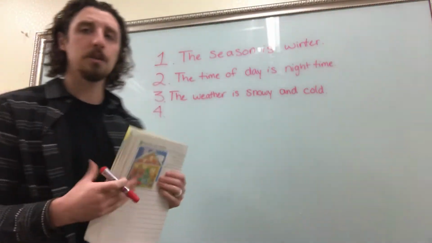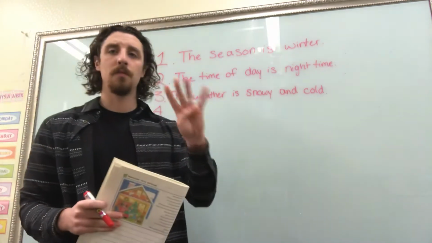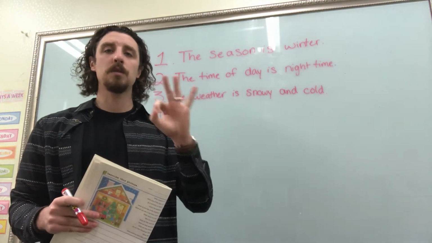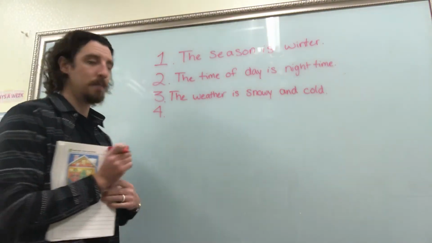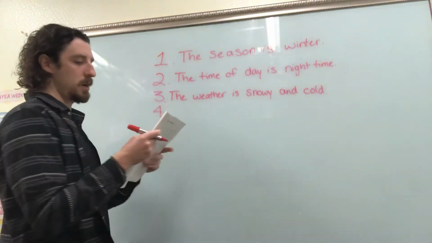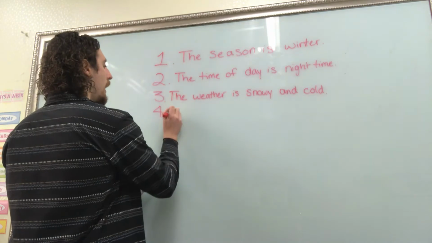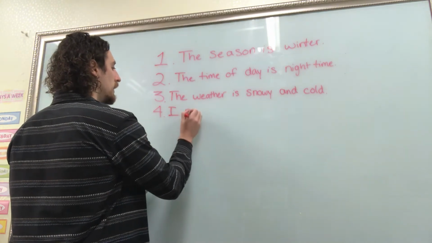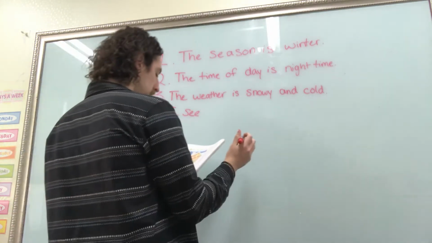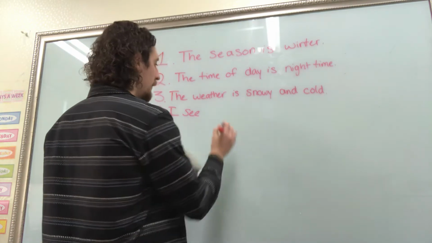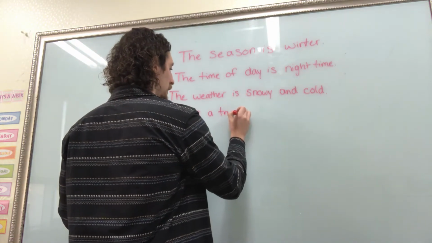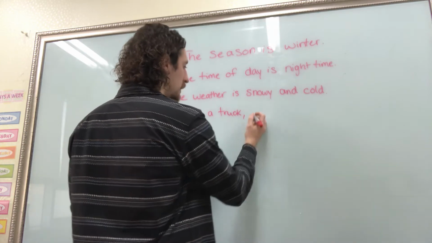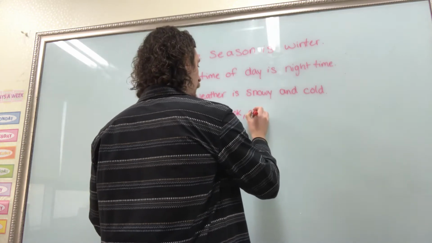So, for question 4, pick 3 things that you see and write a list. So, I am going to write, what do you see? I see, we'll say, I see a truck, comma, we'll say a lamp.